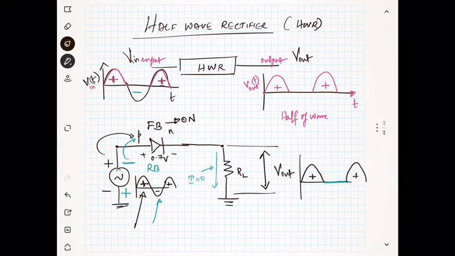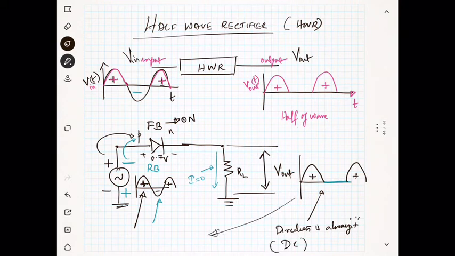Here the value of the current is changing, it is partially sinusoidal, but it is not changing direction. The direction is always positive. That's why we are calling it DC, but it is not a perfect DC.